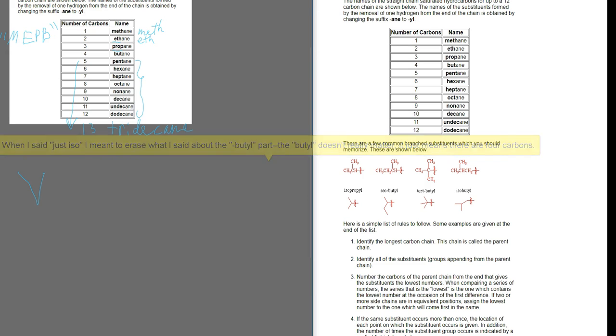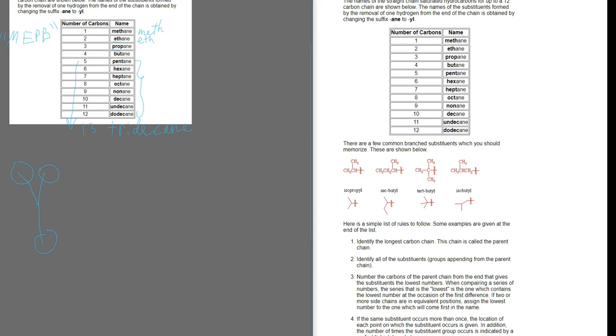Whenever you see iso, you know there's going to be some sort of Y shape. So let's see, counting the carbons here, 1, 2, okay, this is going to be isobutyl because there's 4 carbons. It's isobutyl.